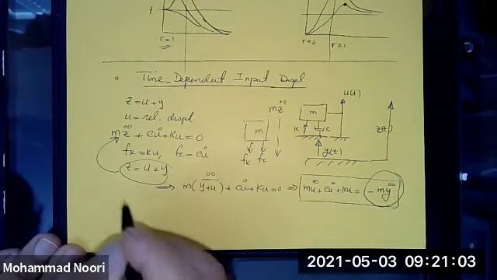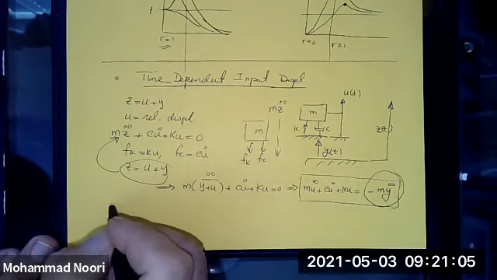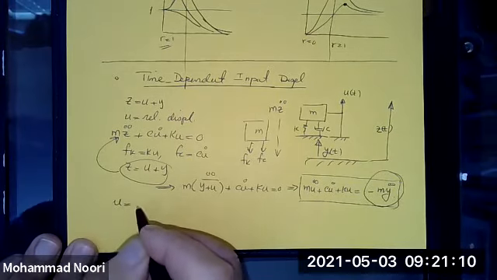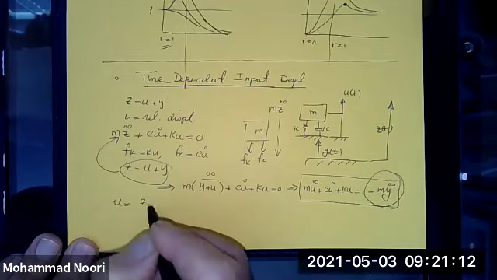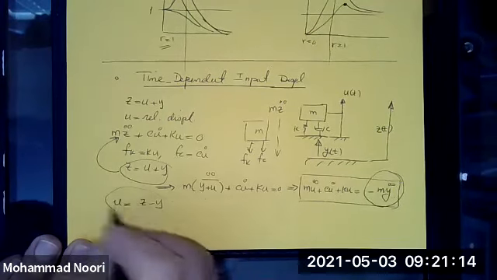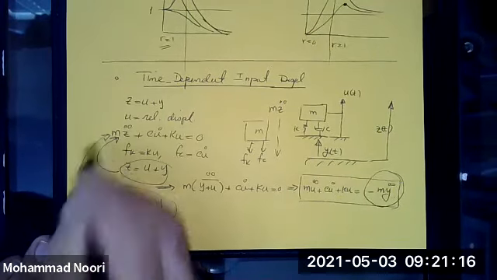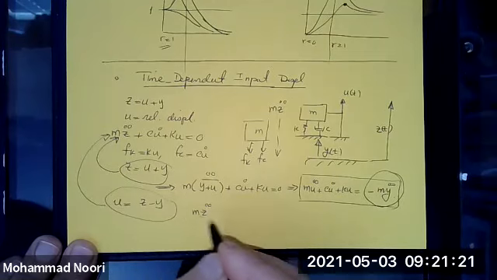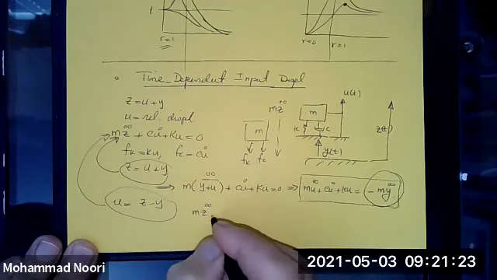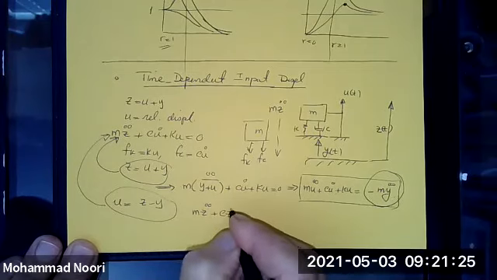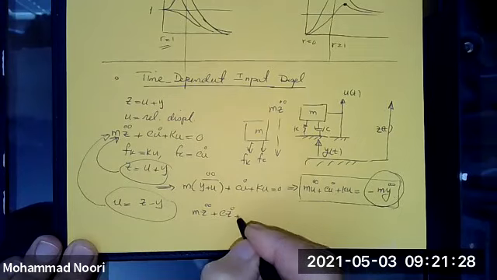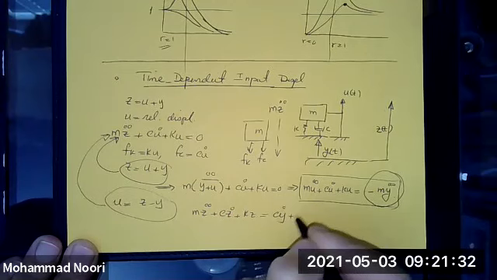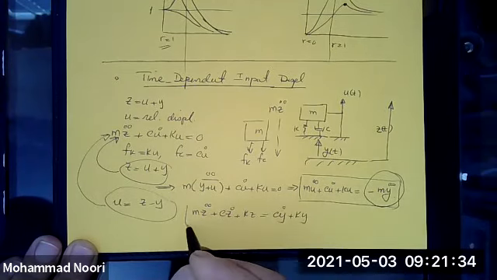But if you're more interested in absolute displacement, you need to convert the relative displacement into the absolute displacement. So you substitute this into that equation. So the equation becomes m z double dot plus c z dot, after you simplify it, plus k z is equal to c y dot plus k y.